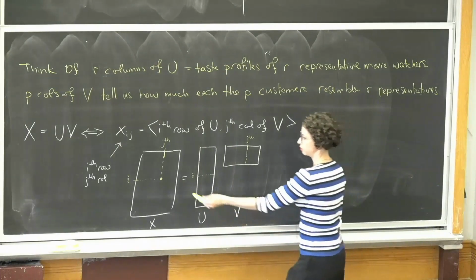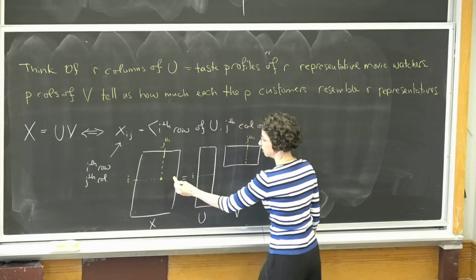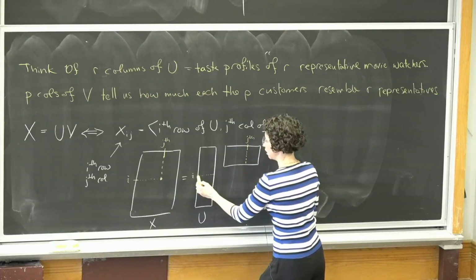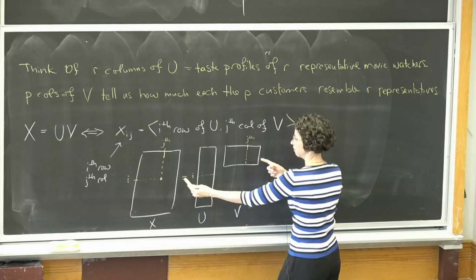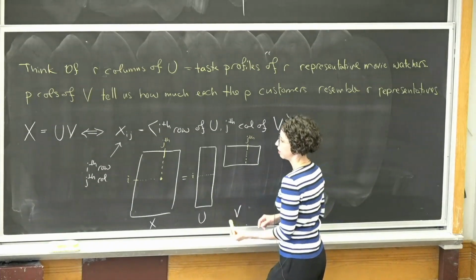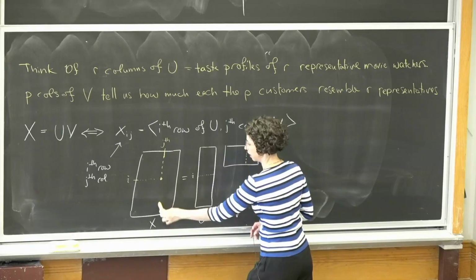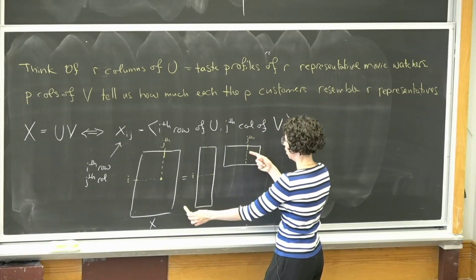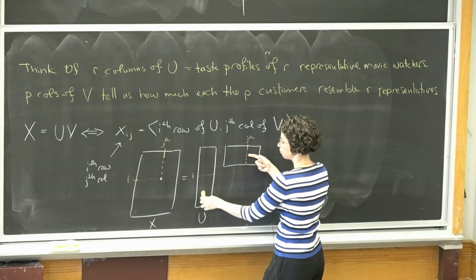And so as I go through this matrix and look at different entries, say as I go through different entries in one row of X, I'm just computing the inner product of the ith row of U with different columns of V. And if I were to compute different elements along this column in X, then I'm continuing to hold this column of V fixed, and I'm just varying which row of U I'm computing an inner product with.